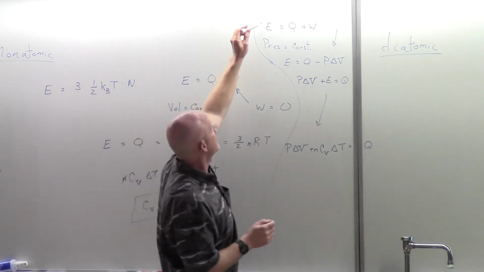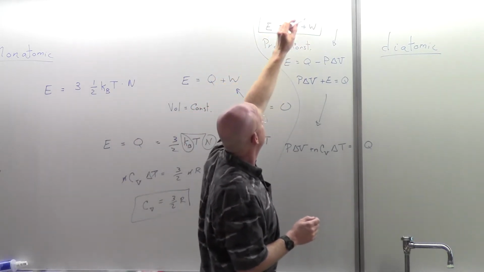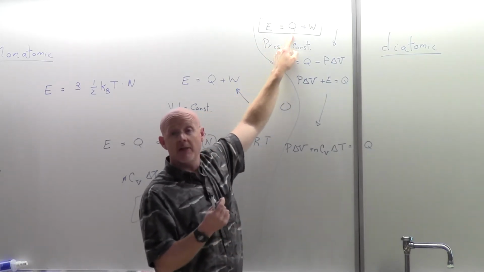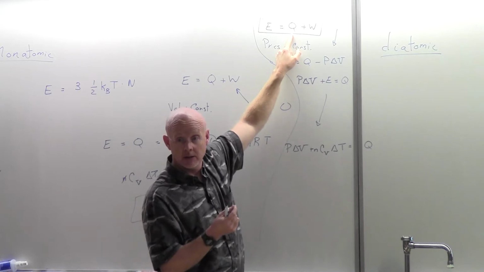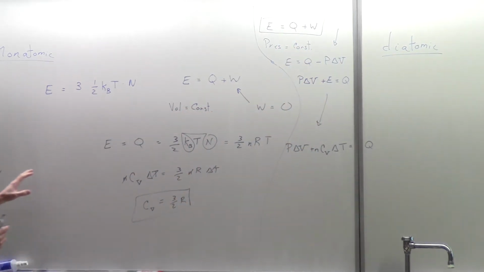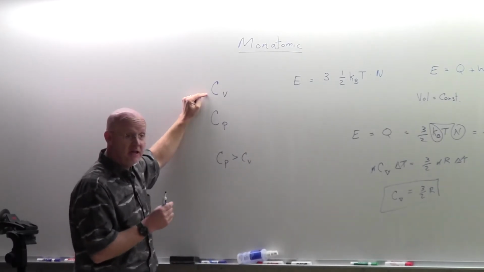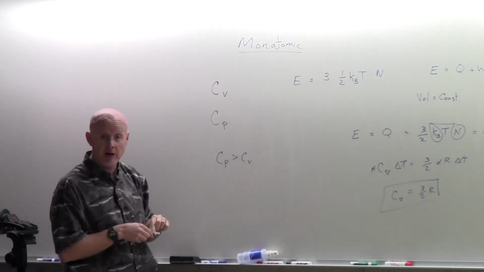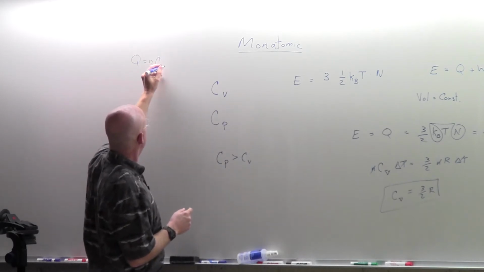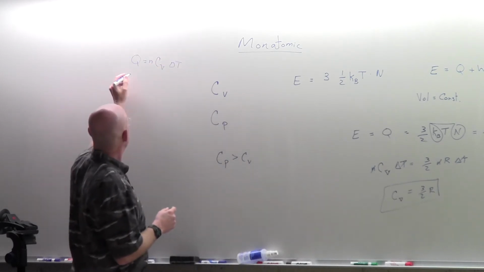Well, if you remember, we talked about the first law of thermodynamics. We said the Q depends on the path. It's path dependent, right? That's why we're going to see a CV is different than the CP. Fair enough? In other words, Q at constant volume would be this.